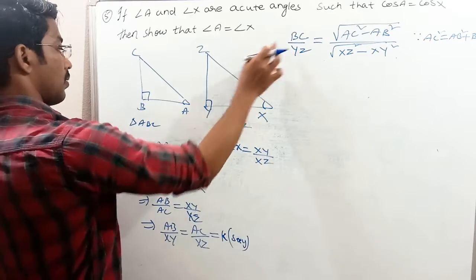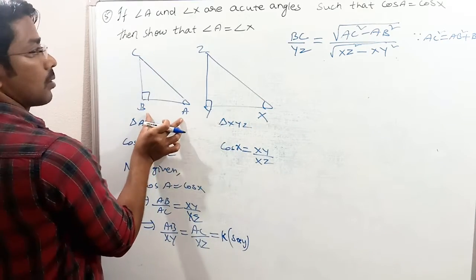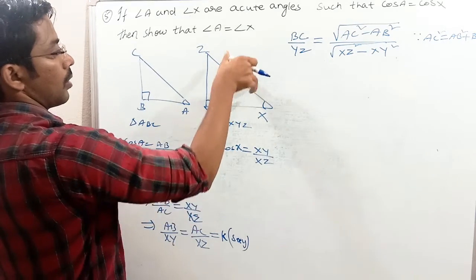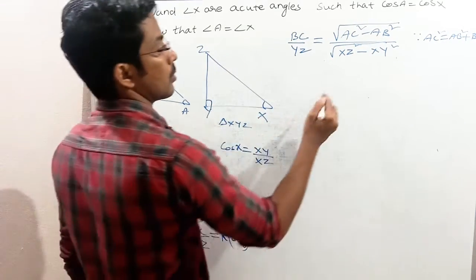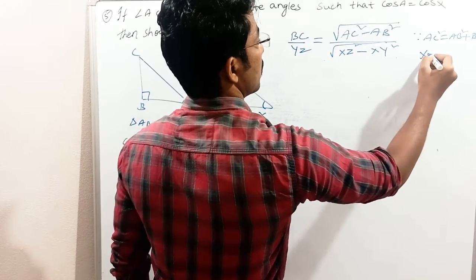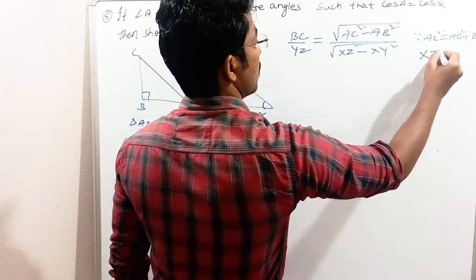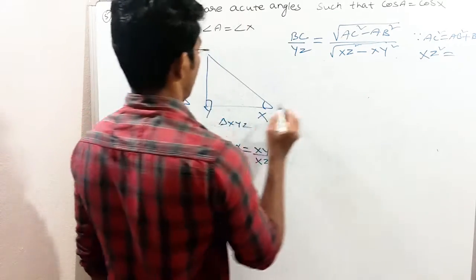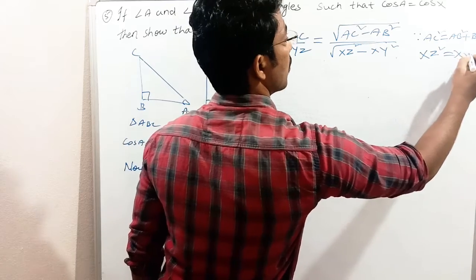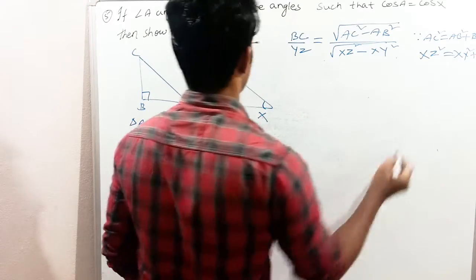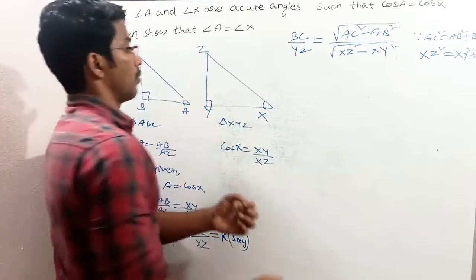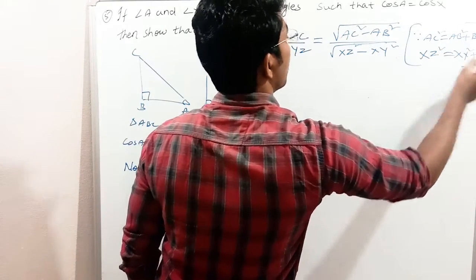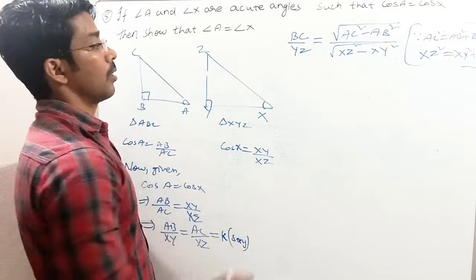So BC value is root of AC square minus AB square and YZ value is root of XZ square minus XY square, since XZ square is equal to XY square plus YZ square.